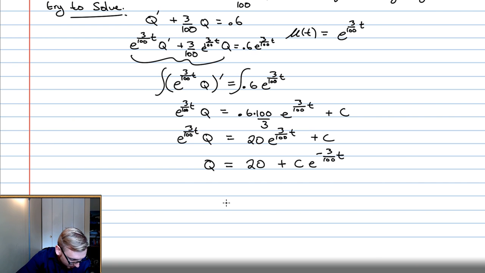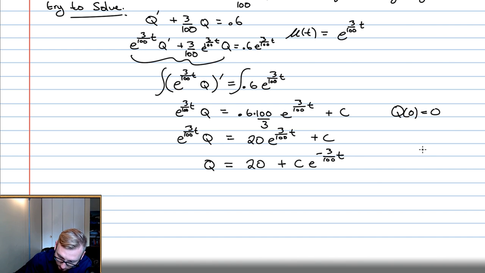And now we need to plug in our initial value. What was our initial value? We knew that the quantity of salt at time 0 was 0. That's what it said in the question. Fresh water at the beginning. So there's no salt at t equals 0. So q of 0 is 0.